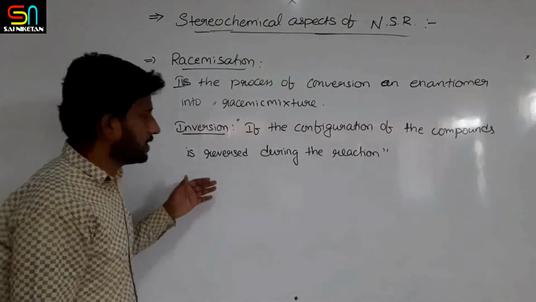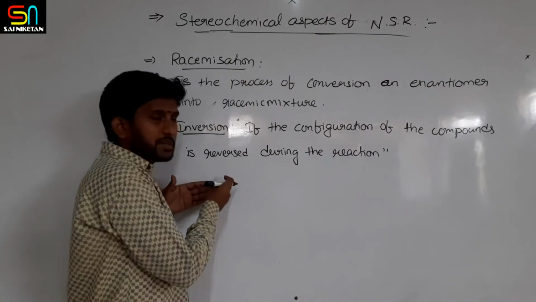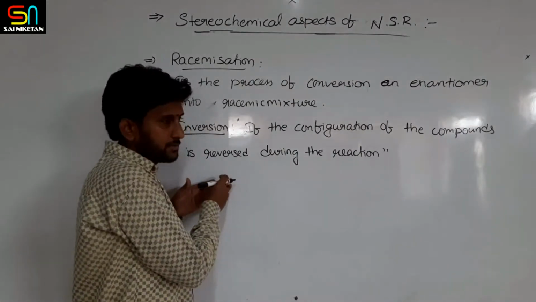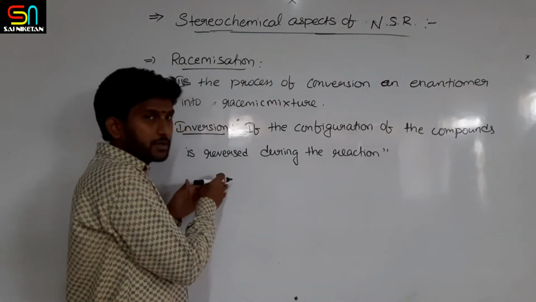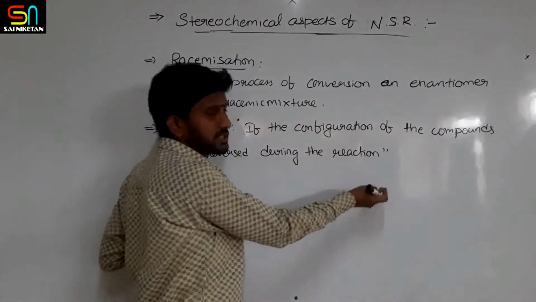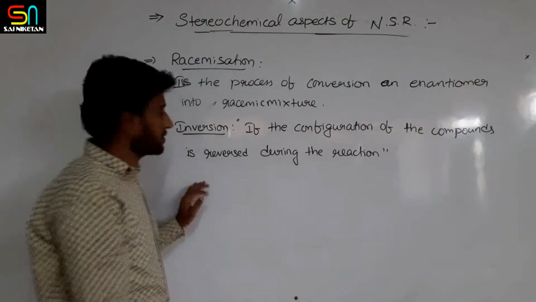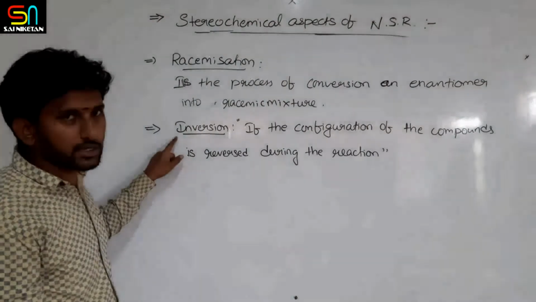It means we take some reactant in D configuration, or D isomer, and after the reaction is completed, you will get the L isomer. So that process is called inversion.